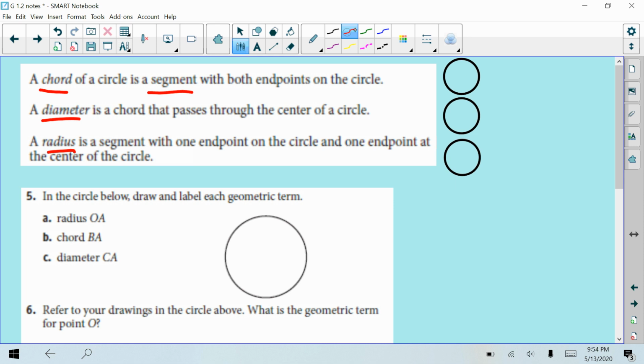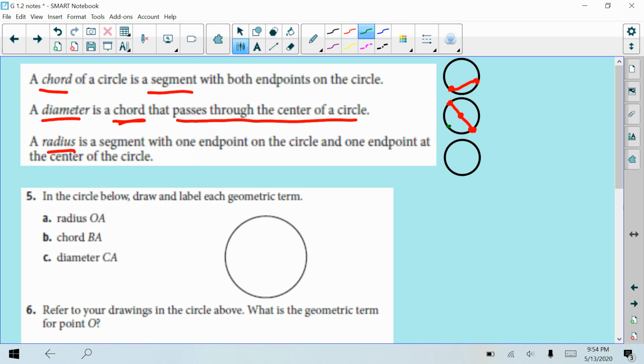Okay, so chord. A diameter is a chord. So it is one of these things, but it also passes through the center. So it has to have endpoints on the circle, but also pass through the center. Is there more than one way for me to draw a diameter?